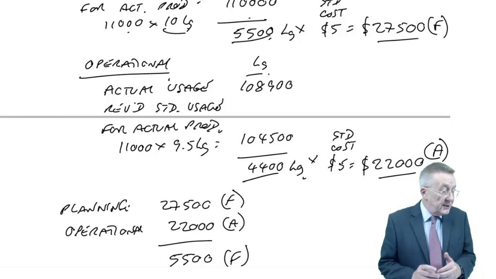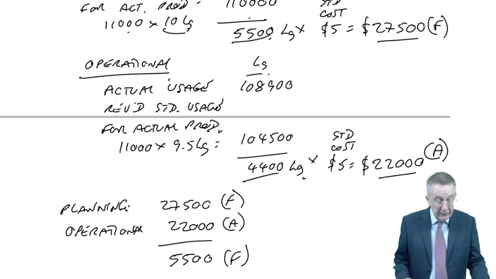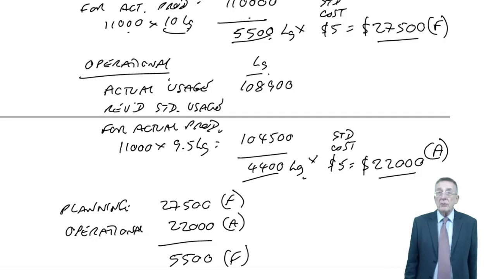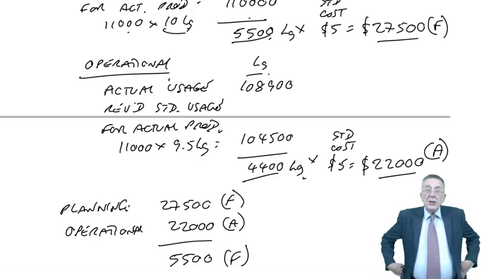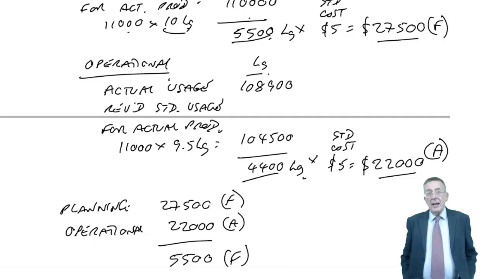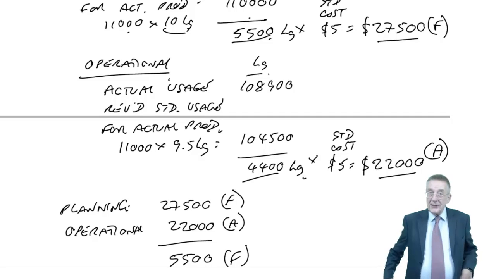Secondly, now what I'm about to say is terribly important, as it could affect you depending what books, what revision kits you might be using. There are actually two ways of doing planning and operational. They both have a logic, but they give different answers.